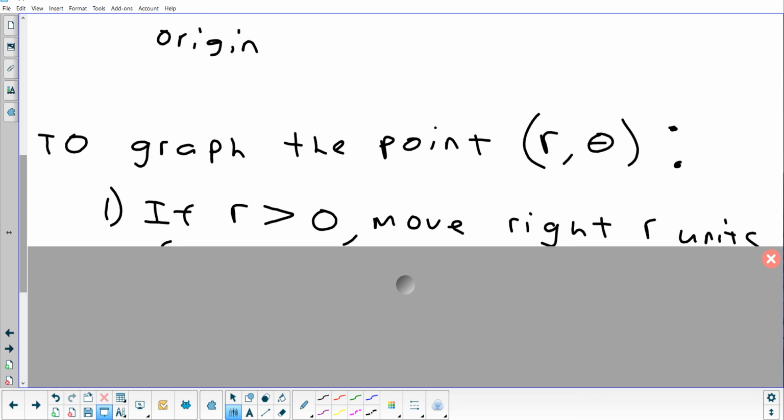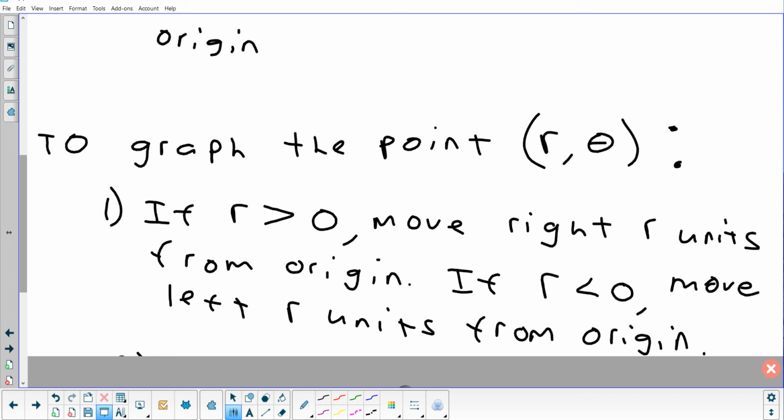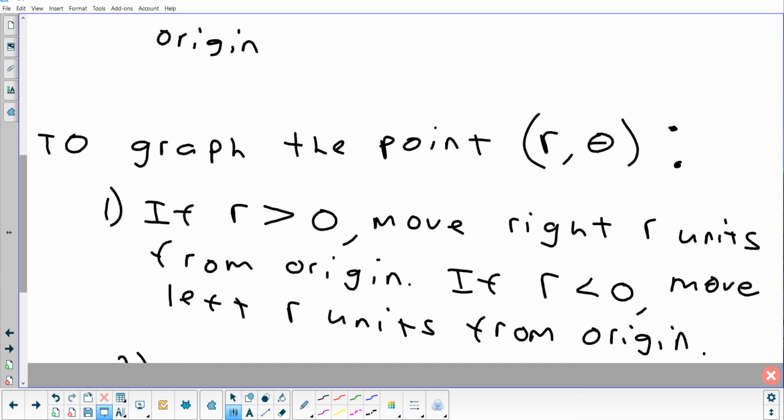You move to the right. So if r is greater than 0, you're going to move to the right that many units. If r is less than 0, you're going to move to the left. Now, like an xy coordinate, that's not the final answer. You still have to take into account the second number. But that's the first move you do. You either move right if r is positive, or left if r is negative.